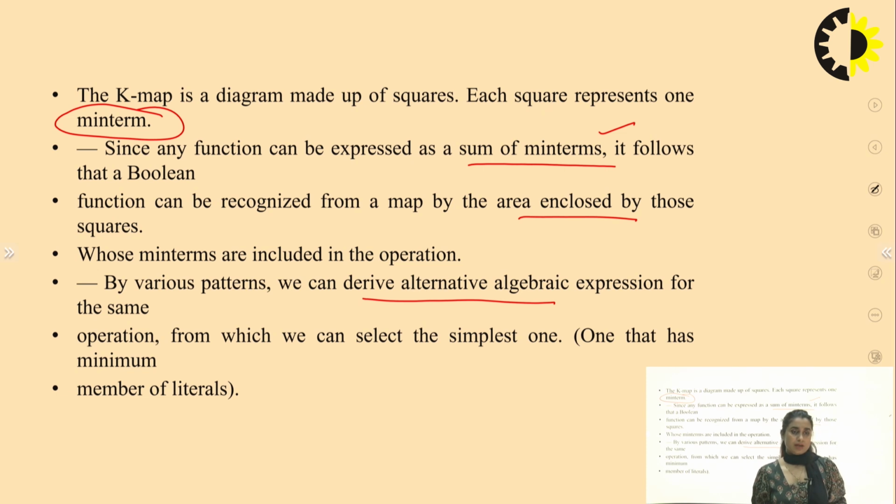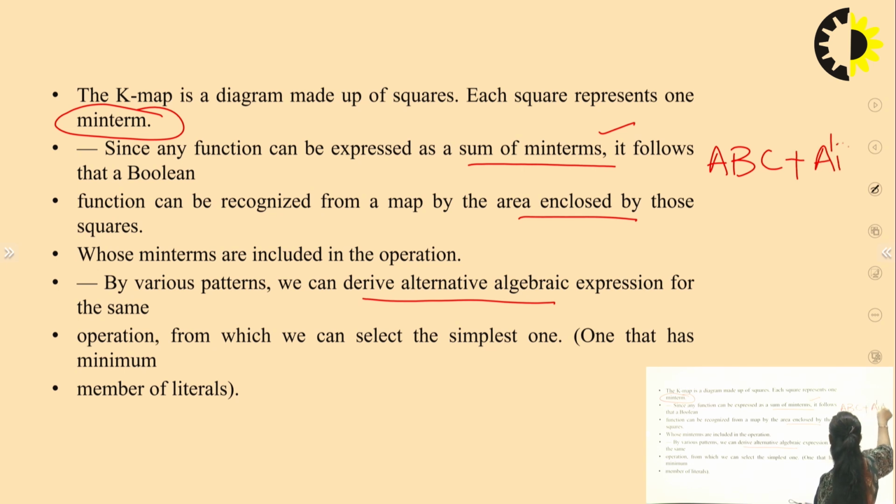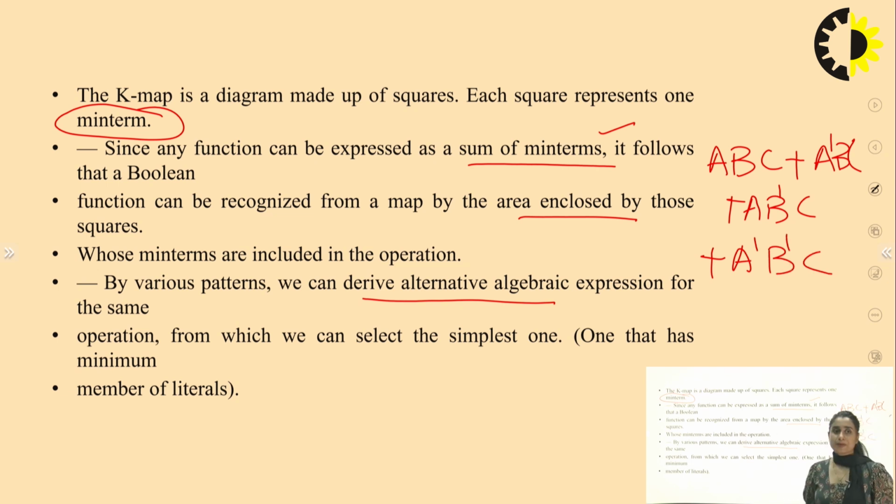The motive is, let's suppose I have some expression like ABC plus A bar BC plus A B bar C plus A bar B bar C, and I need to minimize it.